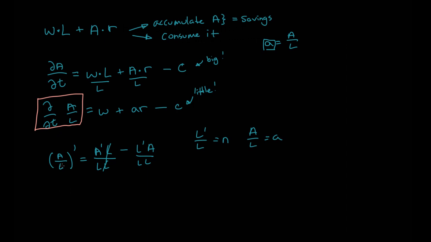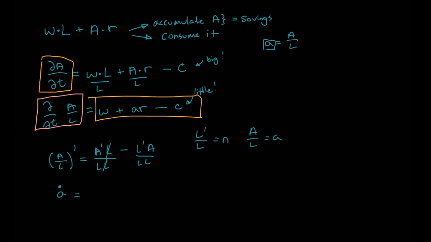And we also know that A over L is little a here, so we can write little a dot equals A prime, we defined up here. It's this one. This is A prime. And then A prime divided by L is actually this one here.